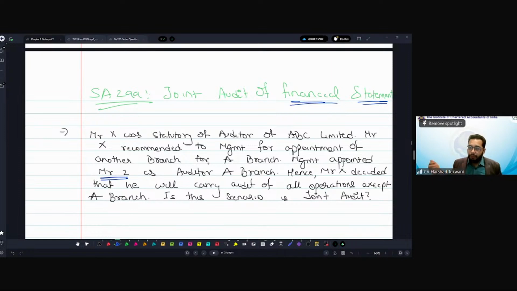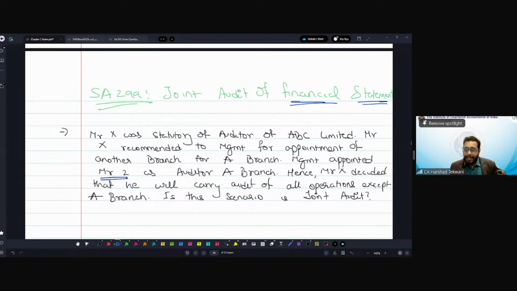At the end, he will prepare the financial statement of the branch and give it to Mr. X. Mr. X will consider that report in the preparation of his financial statement for ABC Limited and then will issue the audit report in the name of Mr. X, not X and Z. That is the difference. In case of a joint audit, the final report of the company is issued by two separate auditors, so you will see two separate names in the audit report.